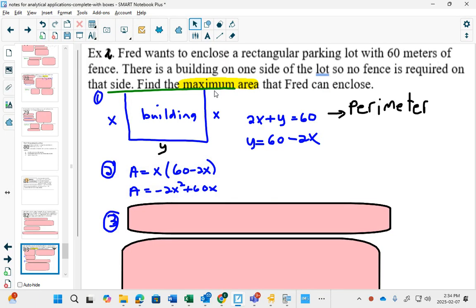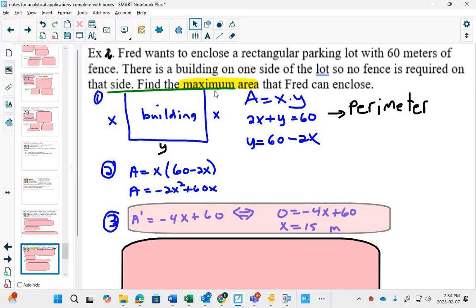This lets me get my area equation with only one variable. It's not wrong if you had started off by writing area equals x times y. That's not bad, but we can't do the derivative of that because it has two variables. Well, we can't do the derivative nicely. Let's just clarify that.